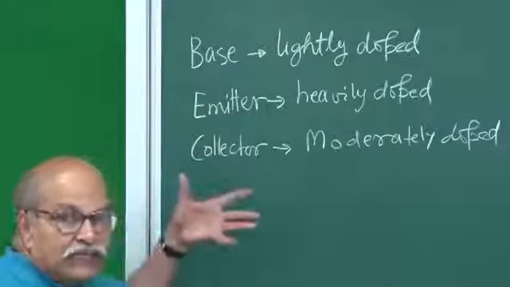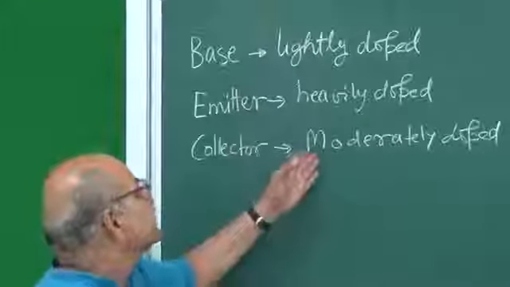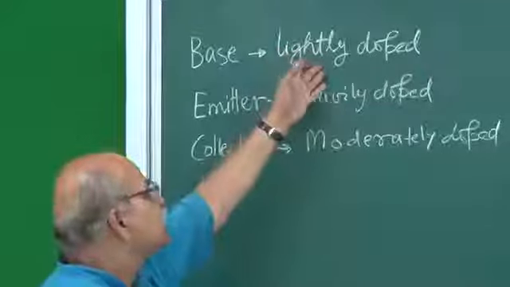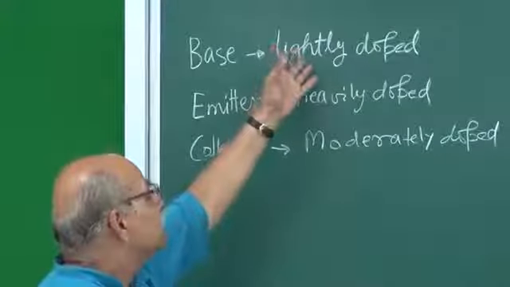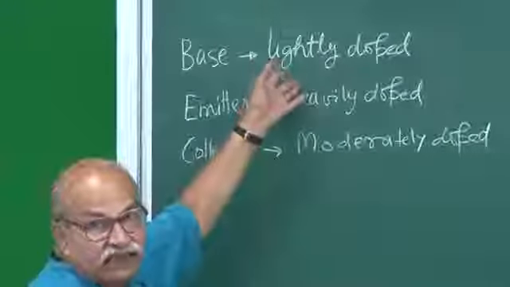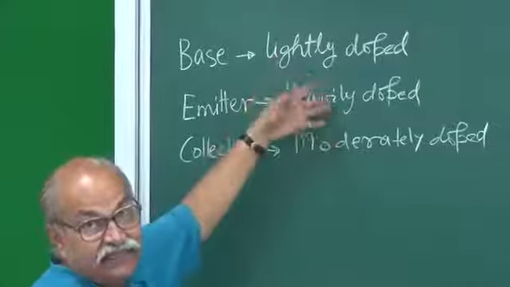So doping concentrations are different for these three cases. Base is very lightly doped. The concentration of impurities in the base will be, say, 5 to 10% of that in the emitter, and the collector will be a little less than that.